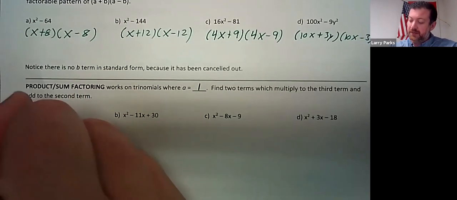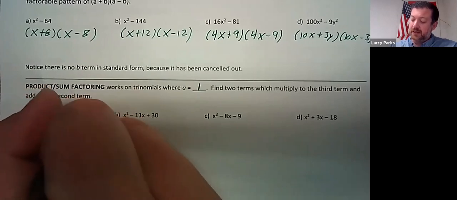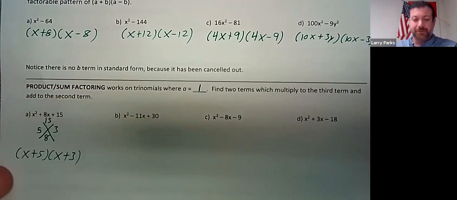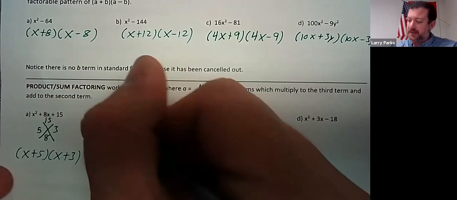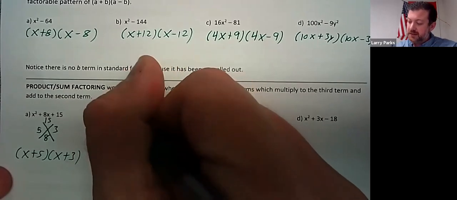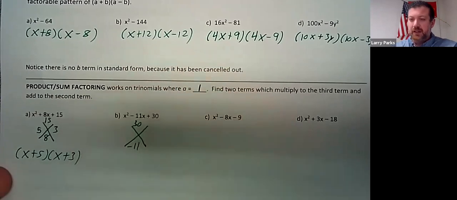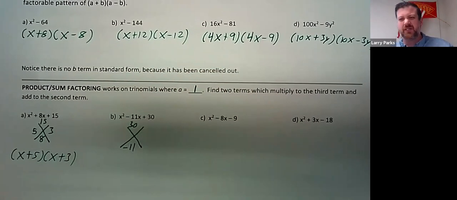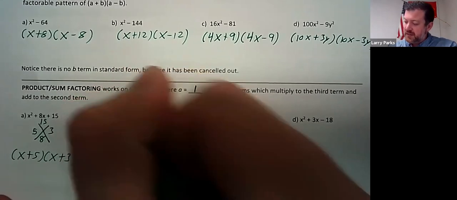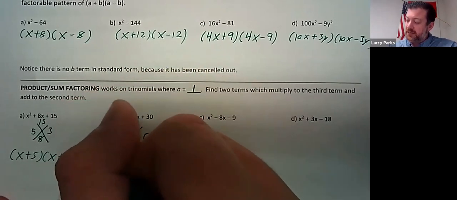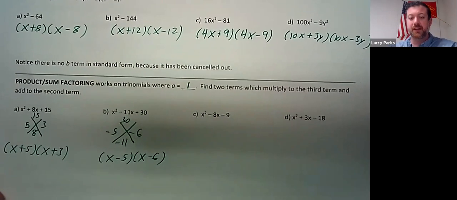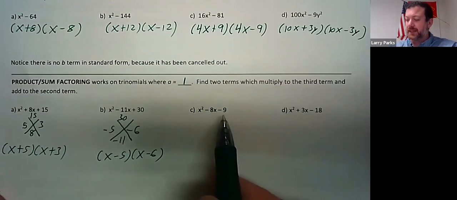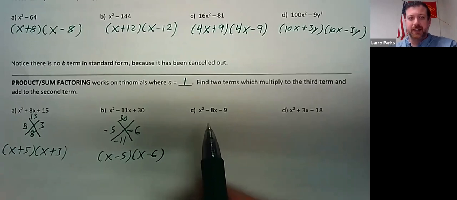So you say x plus 5, x plus 3. What multiplies to 30 and adds to negative 11? That'd be negative 5 and negative 6. So you get x minus 5, x minus 6. What multiplies to negative 9 but adds to negative 8?